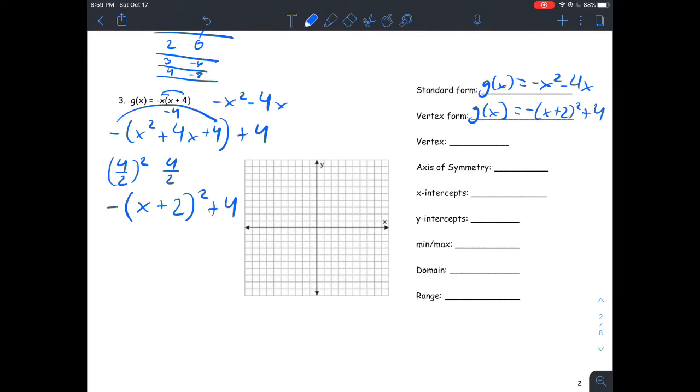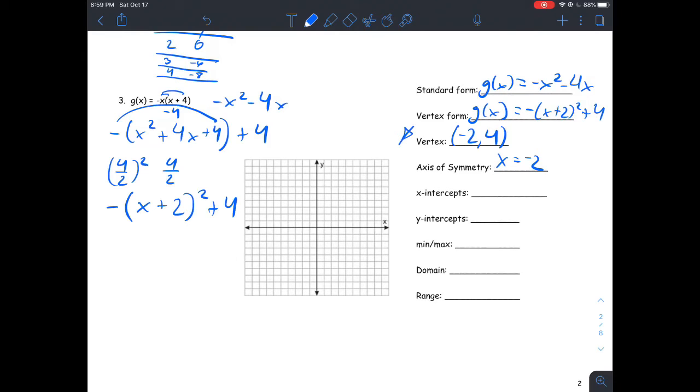So what do you think the vertex of this guy is? The vertex is going to be negative 2, comma 4. And what is the axis of symmetry? You should have gotten x equals negative 2.